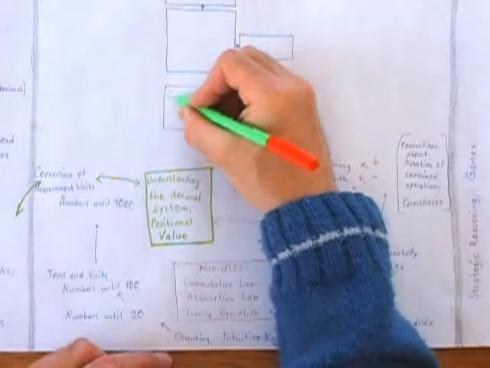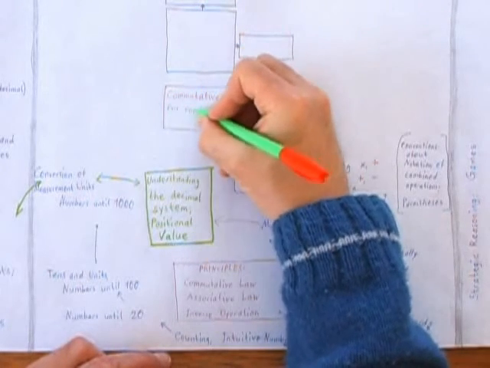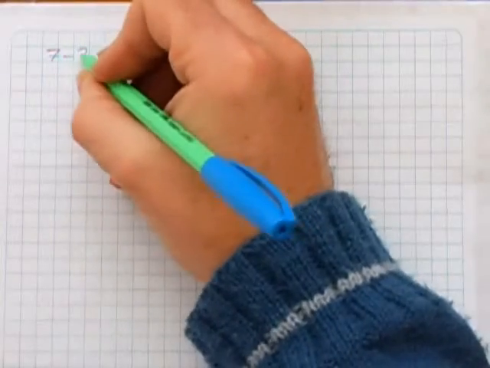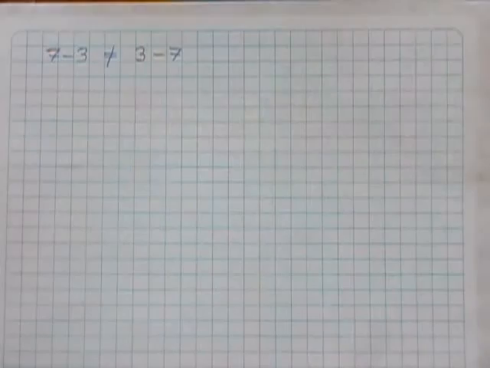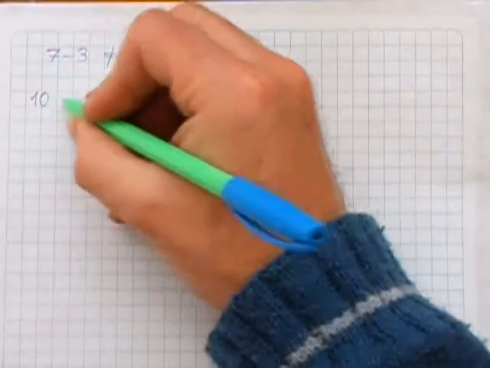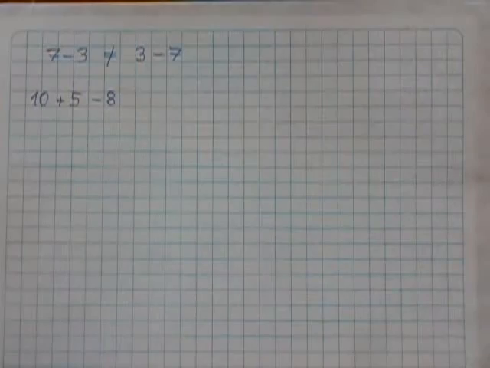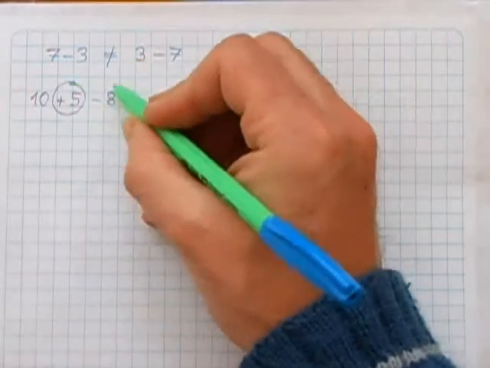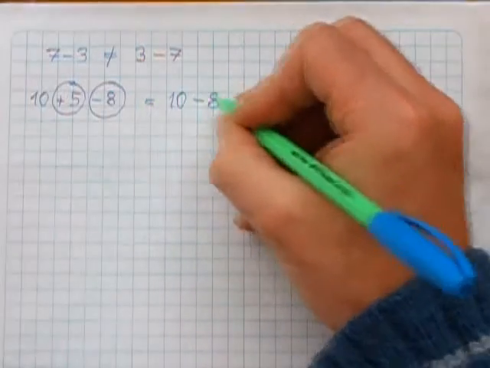Another topic in this context is commutativeness of combined additions and subtractions. We know that subtraction by itself is not commutative. 7 minus 3 is not the same as 3 minus 7. But there is a kind of commutativeness which applies when we treat each number as united to its respective sign. In this operation, for example, we add 5 and subtract 8.